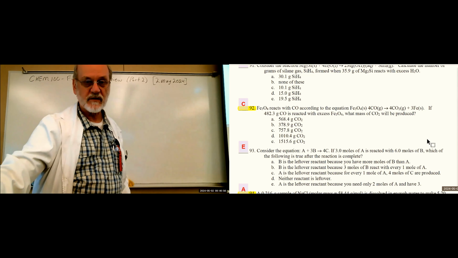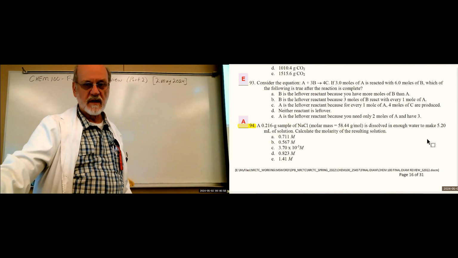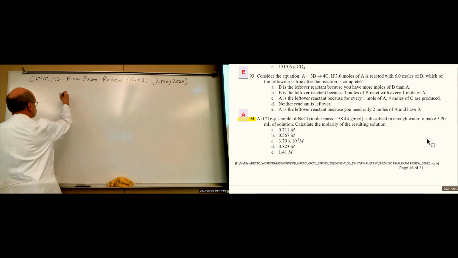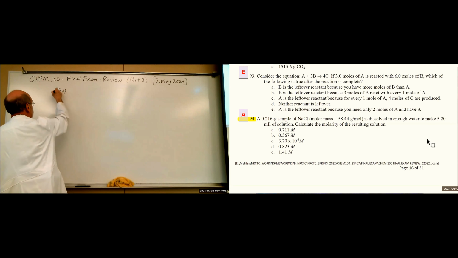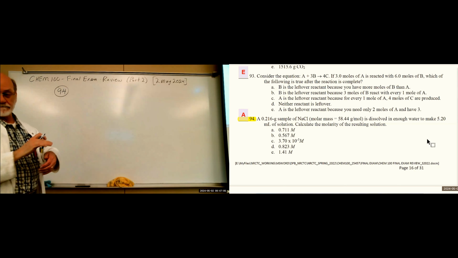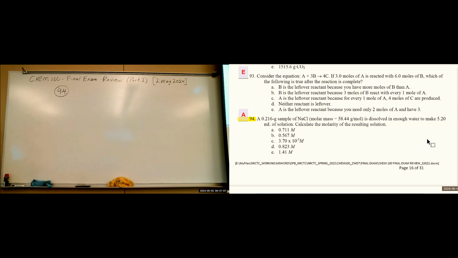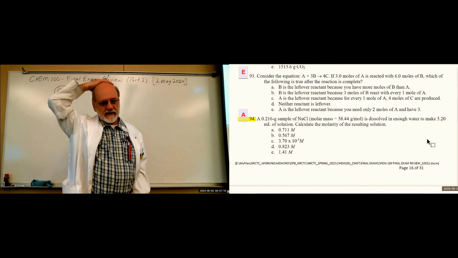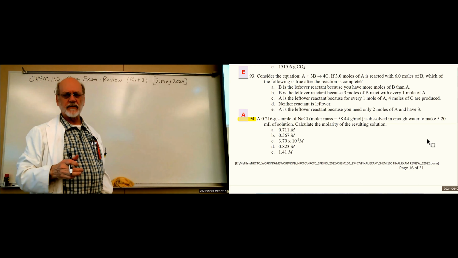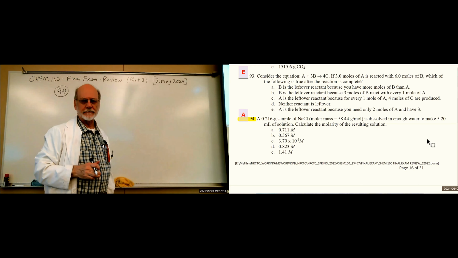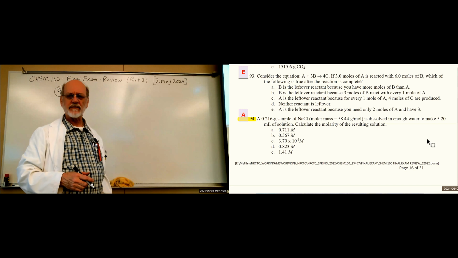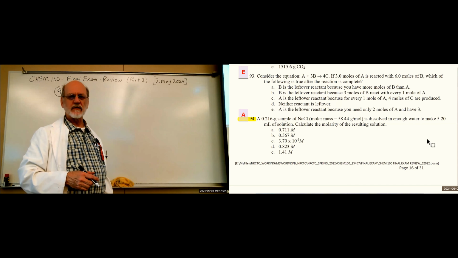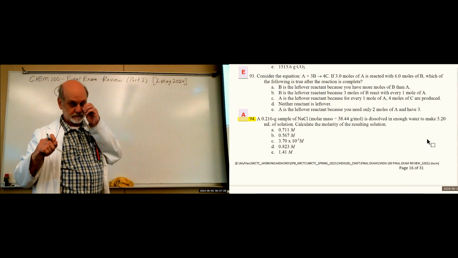All right, scroll just a tiny bit and we'll get 94. A 0.216 gram sample of sodium chloride, and they give you the molar mass there. Isn't that nice? Dissolved in enough water to make 5.20 milliliters of solution.